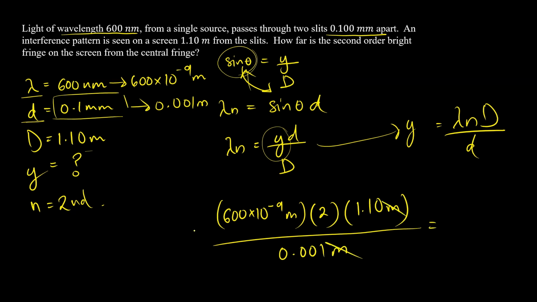So y, the distance between the central fringe and the second order bright fringe, would be whatever result you get when you put this into your calculator. I got 0.0132 meters. So that's how you calculate diffraction grating.